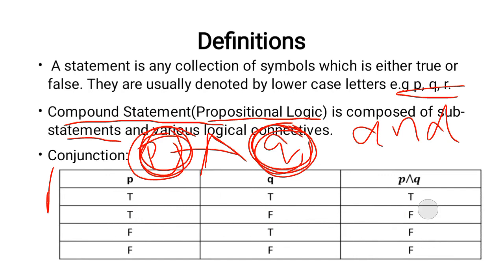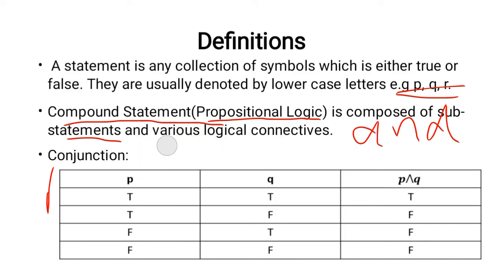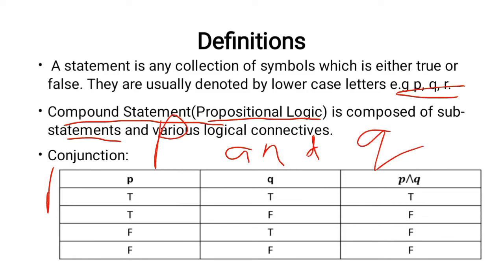However, all you need to know is that once you have the connector, conjunction, another name which I said is "and", so if you have the statement P and Q, combining the two statements, whenever you have T on P and Q being T, the final value must always be true. So all you need to know is this table by heart, okay?